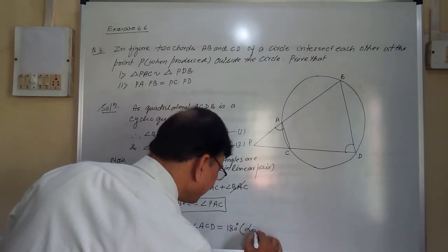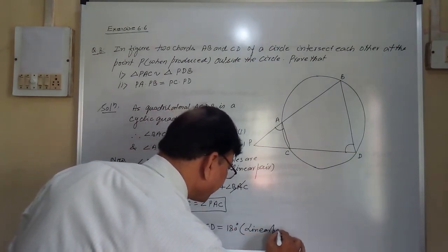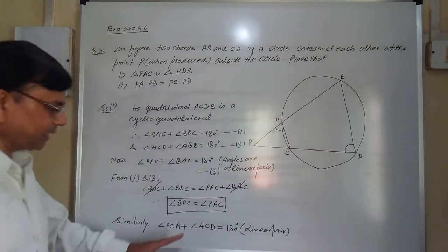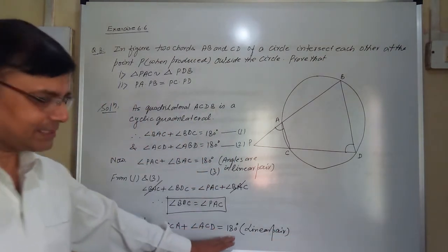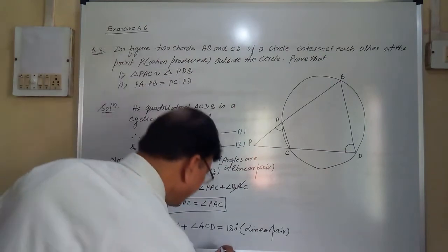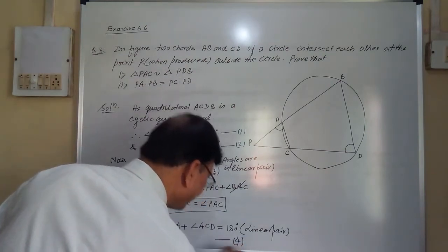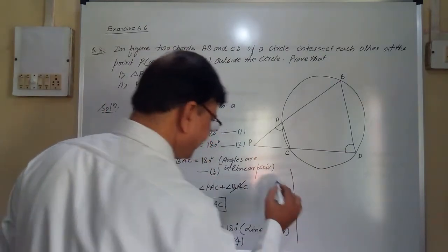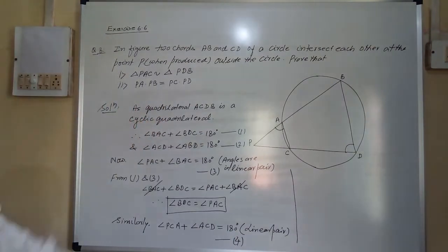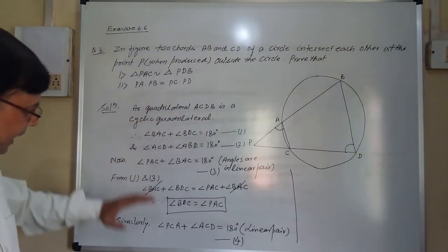Again, linear pair. Because these two are a linear pair, that is why the sum will be 180 degrees. Let this relation be 4. We will proceed further. Now, from 2 and 4.